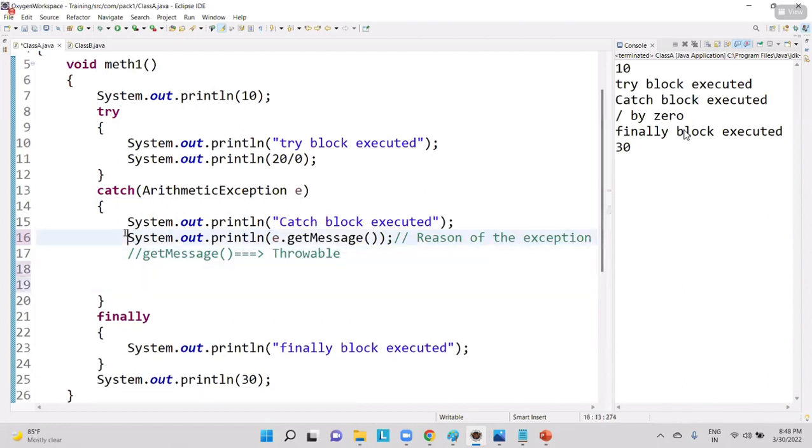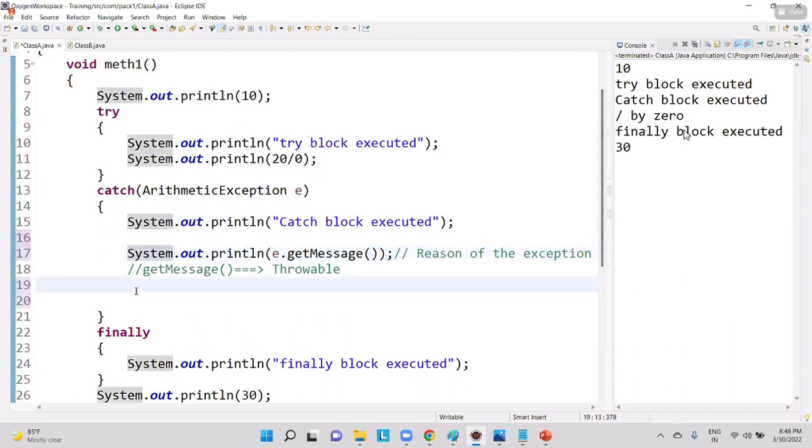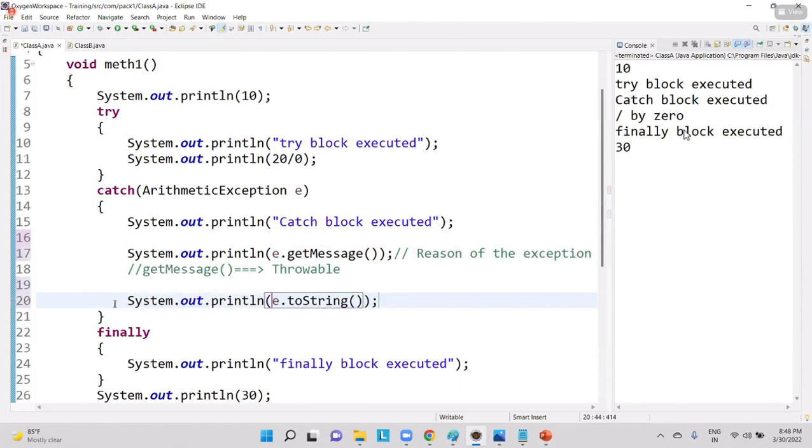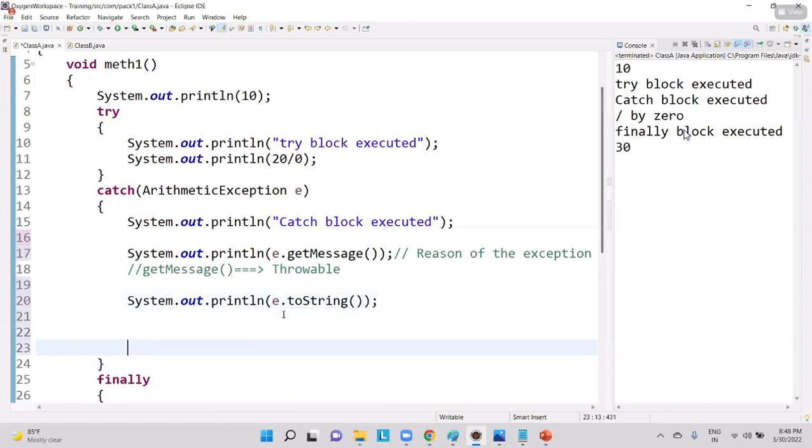Okay. Now, just like getMessage, we have one more method, that is e.toString(). Guys, the toString method is also present in the Throwable class. Basically, the toString method is present inside the Object class, which has been overridden in the Throwable class. What will this toString method be doing?